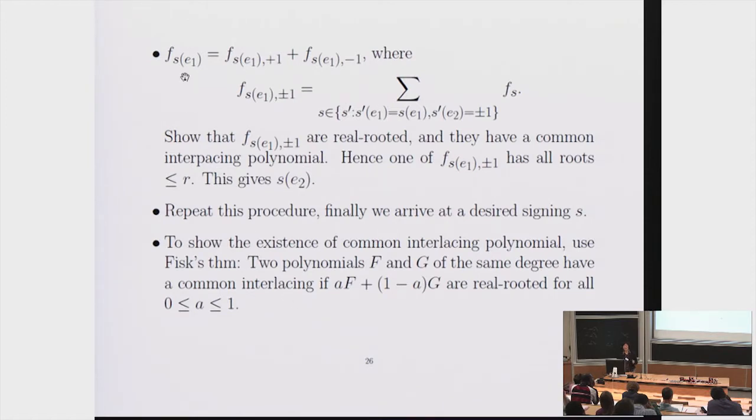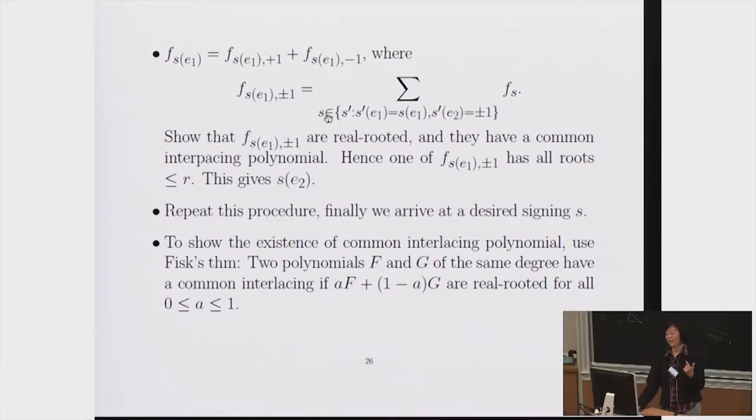I take this f S1, E1, the sign we have determined, and sum over all the signings where the sign of the first edge is given by this S_E1. Then we split it into two parts, depending on the sign of the second edge, plus 1 and minus 1. Again, you show that each piece has real roots and they have a common interlacing polynomial.